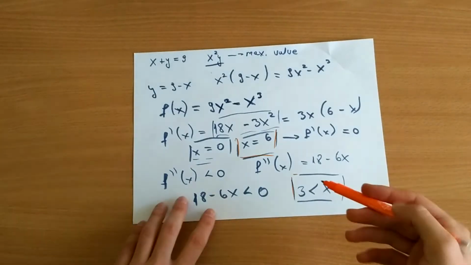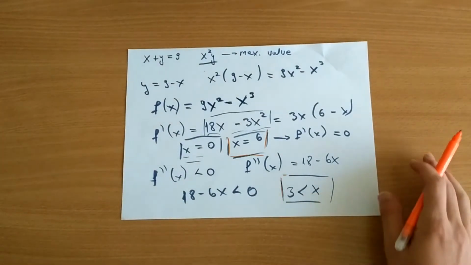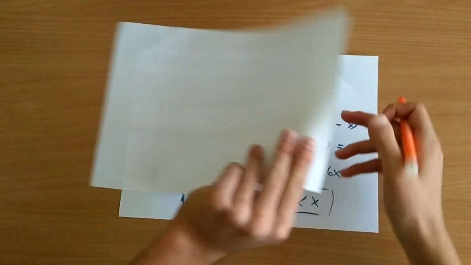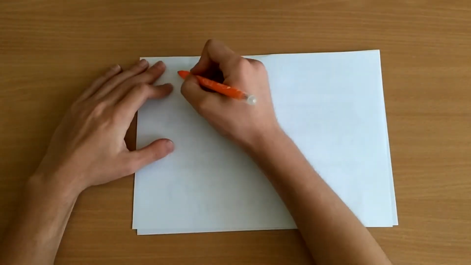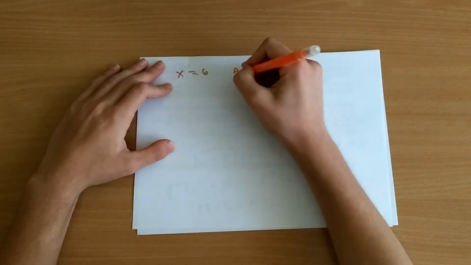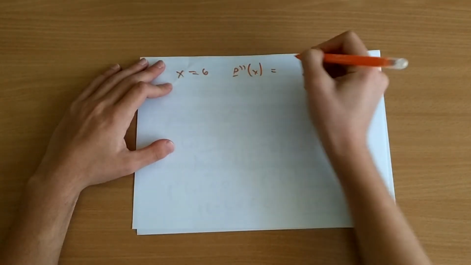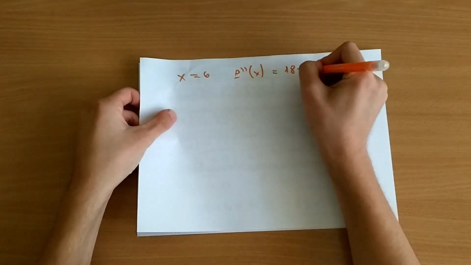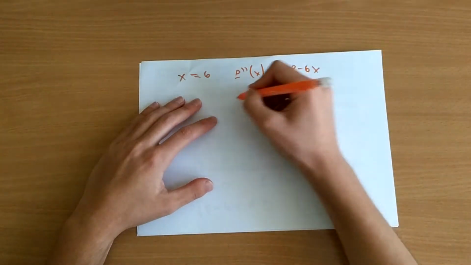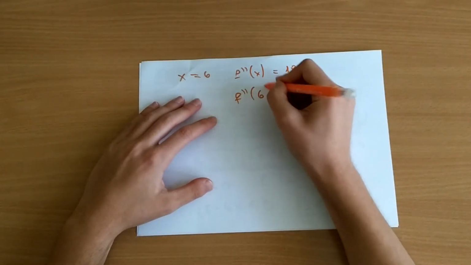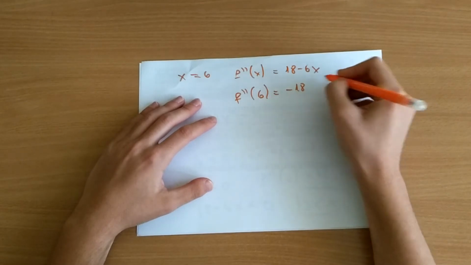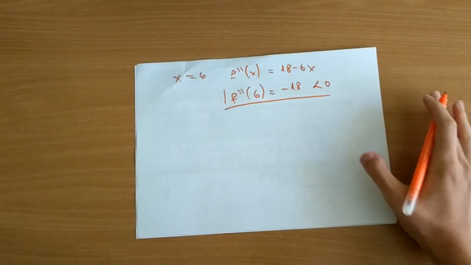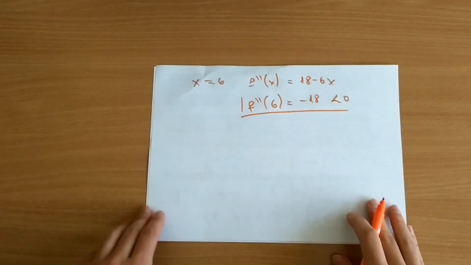So we're looking for the value of the second derivative that is negative. So we can say that x is equal to 6, and we can check: the second derivative was 18 minus 6x. If you replace 6, f double prime of 6 will be equal to minus 18, which is smaller than 0. So when x is equal to 6, we have our maximum value of the function.